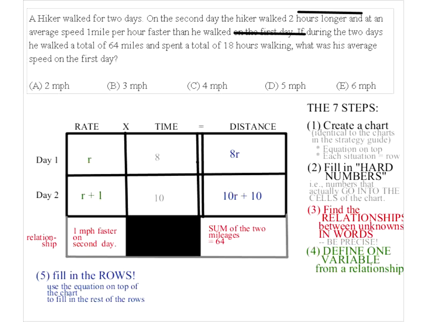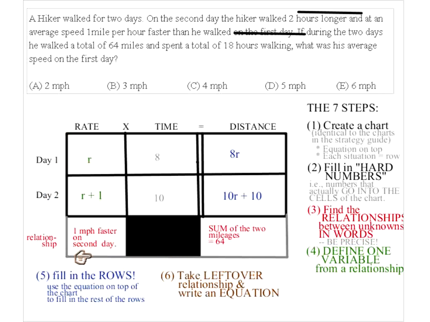Then, this is why we list the relationships, because once you have those relationships, you should take the leftover relationship and write an equation. That's the beauty of it. You usually wind up with one set of hard numbers, then you wind up with two relationships.